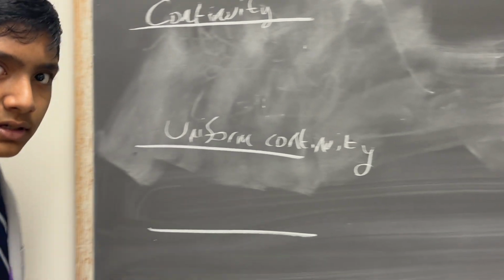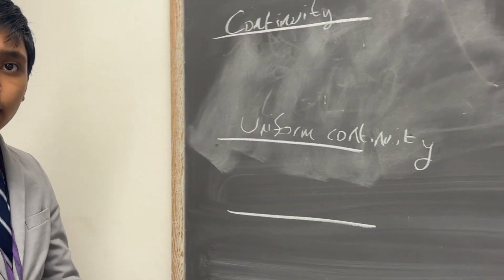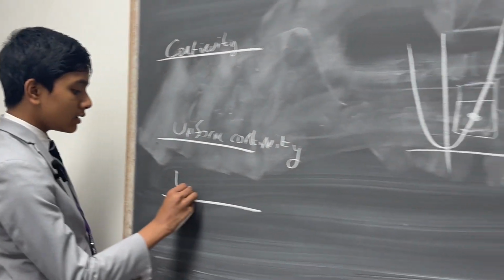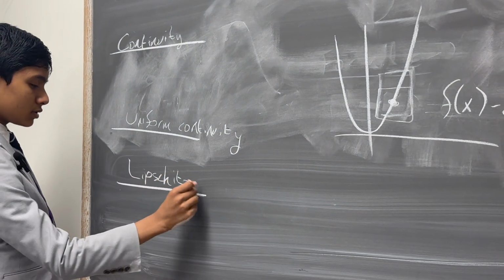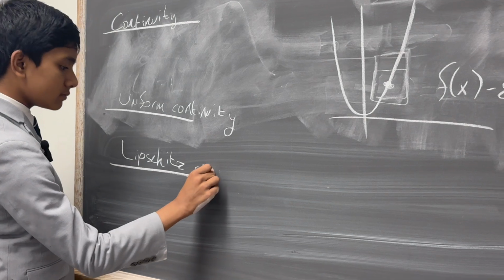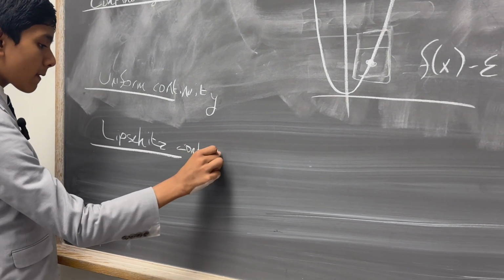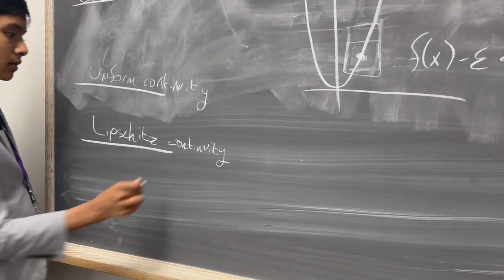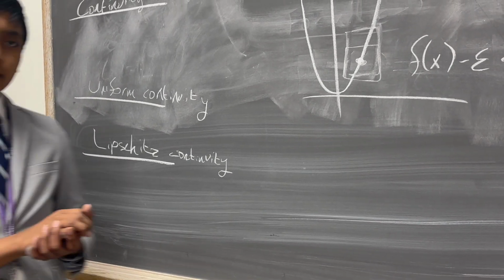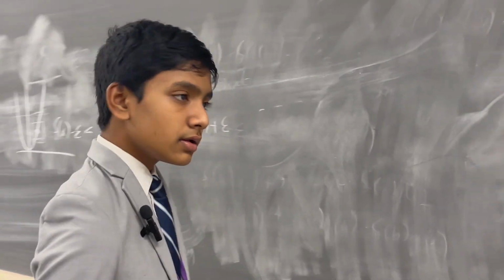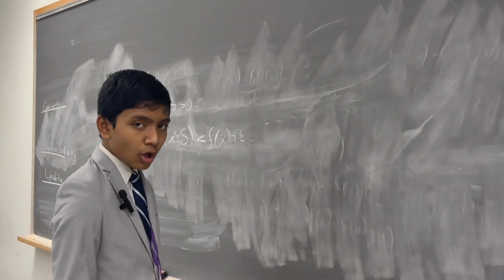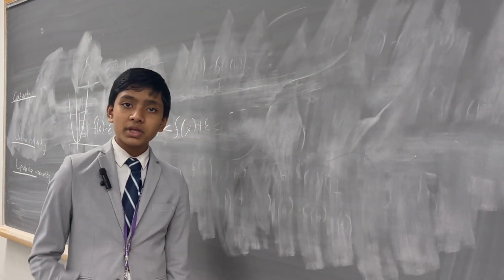And finally, there's a last, really strong layer of continuity, Lipschitz continuity. So what's Lipschitz continuity? Well, that just means that the slope, the derivative, is always bounded.